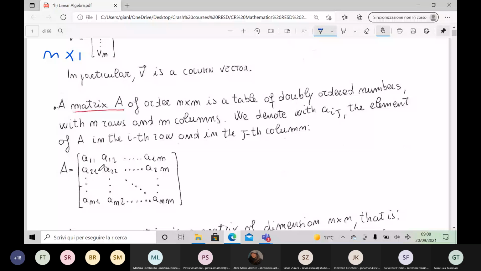It is a matrix with n rows, but only one column. A square matrix, in particular, is a matrix for which the number of rows is equal to the number of columns. So a 3 times 3 matrix, a 4 times 4 matrix, a 5 times 5 matrix are examples of matrices which are called square matrices.